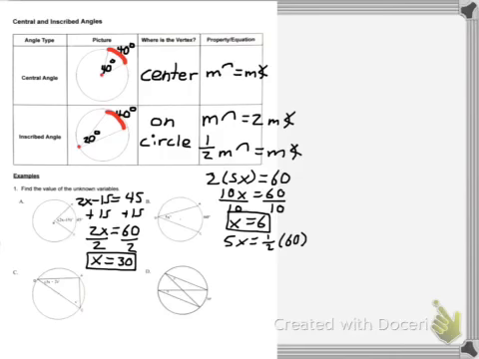If I did that, I'd have 5x equals 1/2 of 60 is 30, and then I would divide both sides by 5. So I get x equals 6 no matter how I do it.